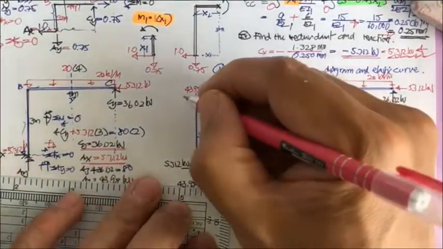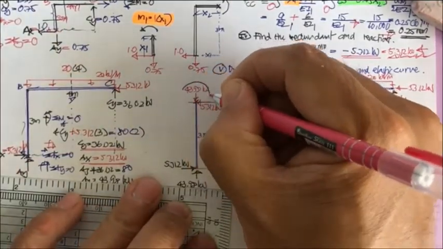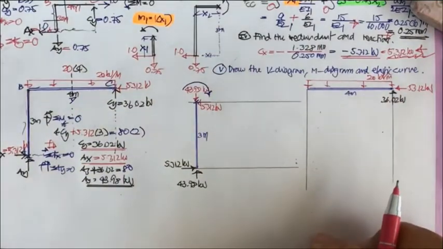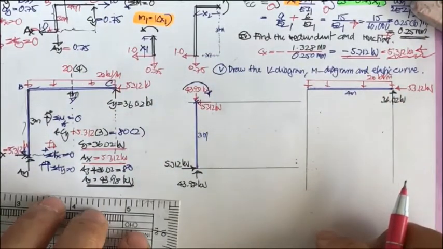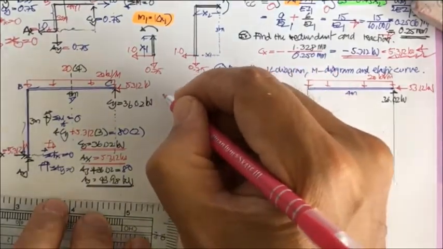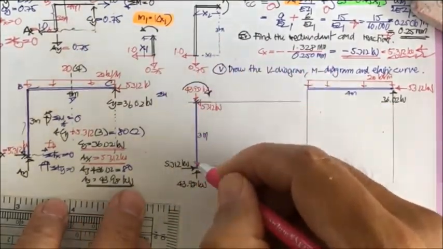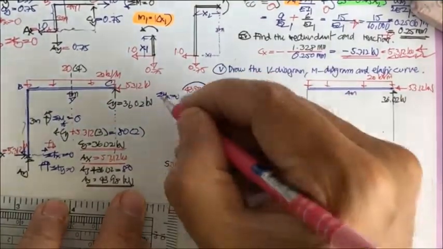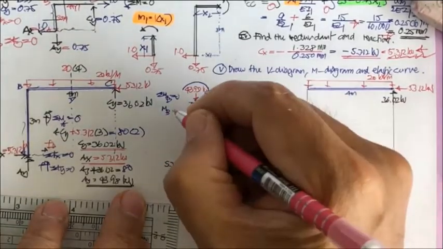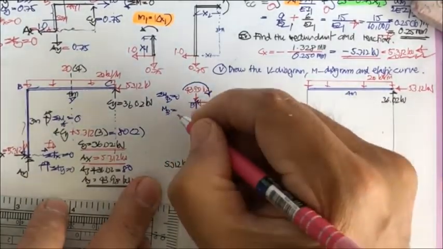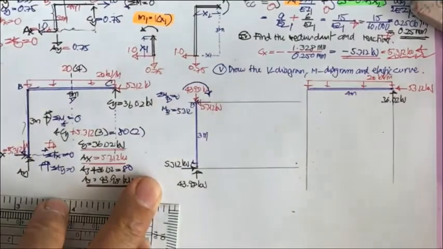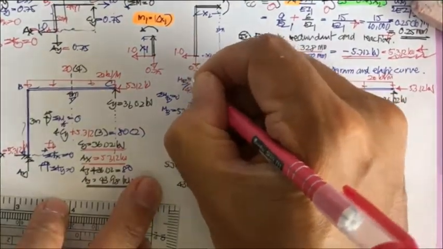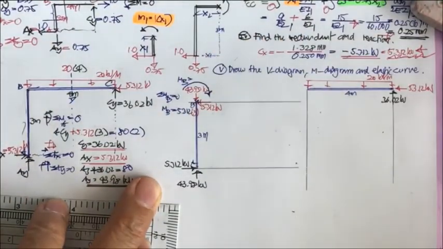So the moment here is going to be in this direction, and you may call this one M sub B. Okay, so the summation of the moment at B equal to 0. This is A, this is B. M sub B will equal to 5.312 times 3 meters. So your M sub B is going to be 15 point what?